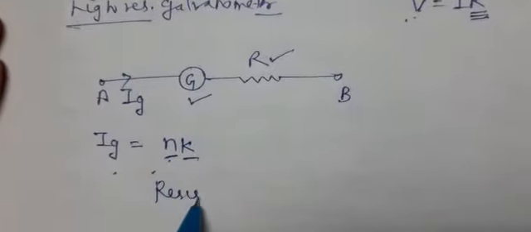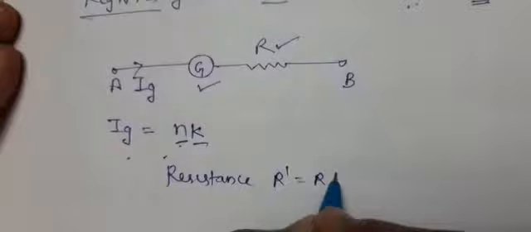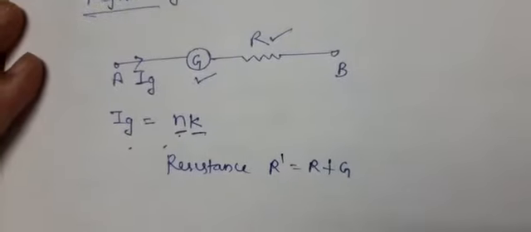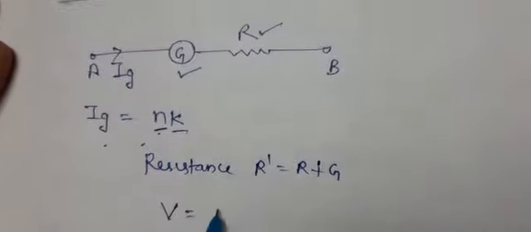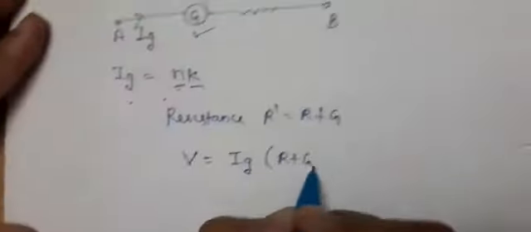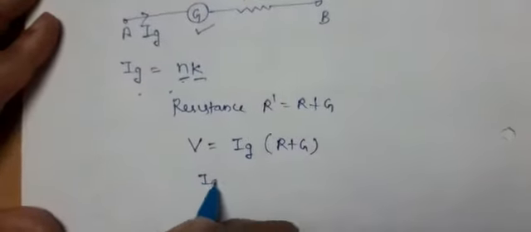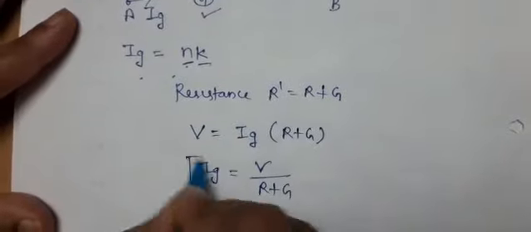Let it be R dash, this is R plus G, because it is the series combination of these two. Again, by using Ohm's law, the potential difference will be Ig into (R plus G). So the value of current flowing in the circuit is V upon (R plus G).